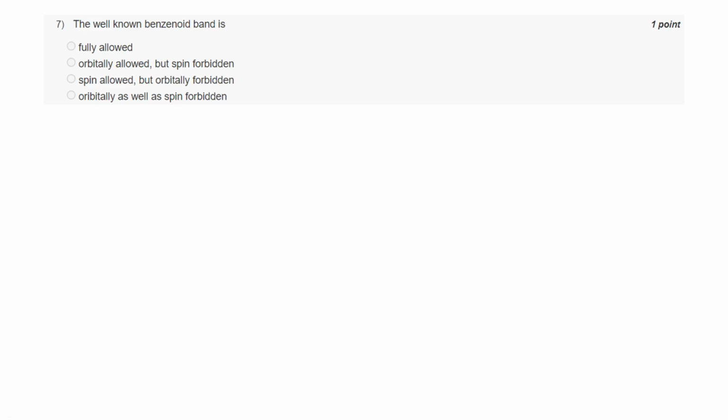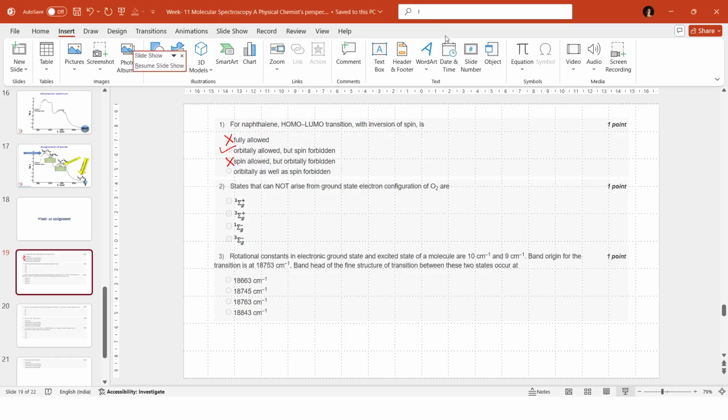The well-known benzenoid band is what? Spin orbitally allowed but spin forbidden. That was orbitally forbidden but spin allowed. Right. So the third one is correct. It was 1 sigma g plus 2, 1. Sorry about that.